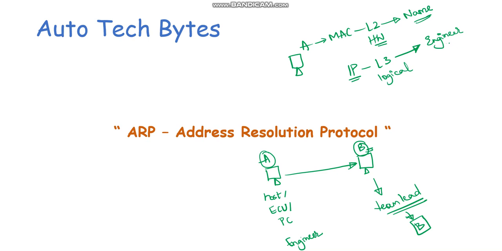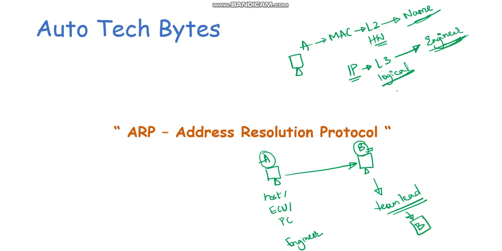The reason we have chosen this is that a name does not change. Once you have a name, you will have the same name till the end. But a logical address can change, which means your designation keeps changing. So hence we have chosen this as an example.